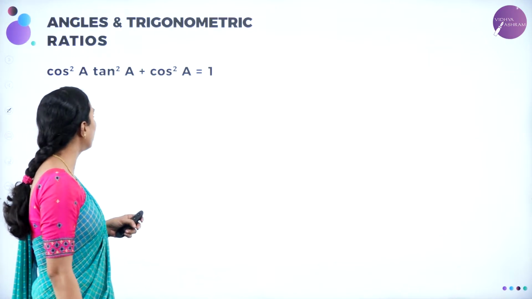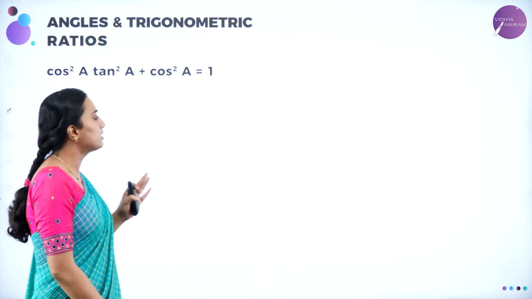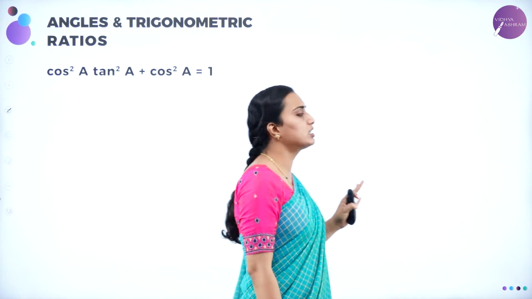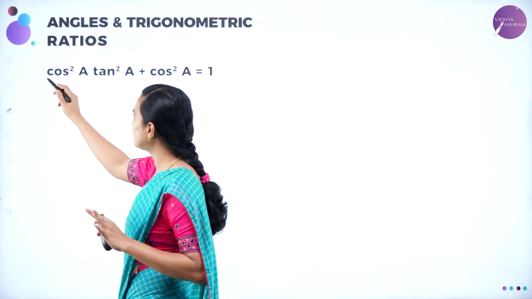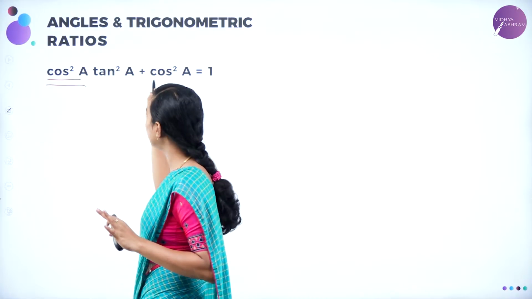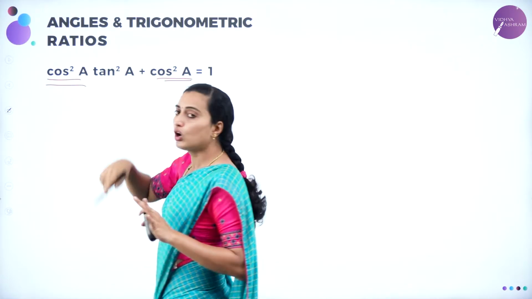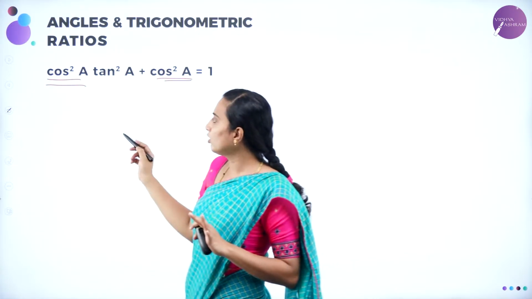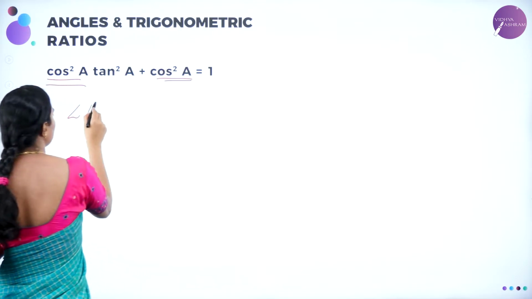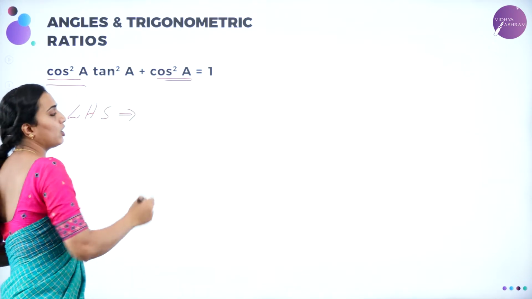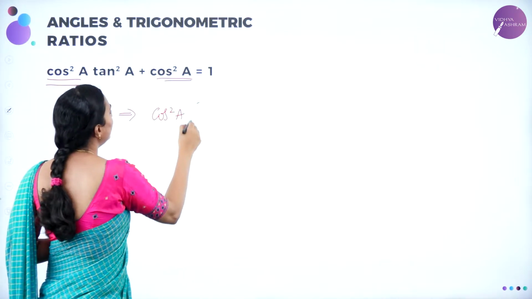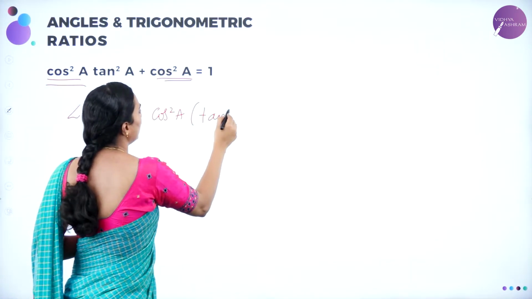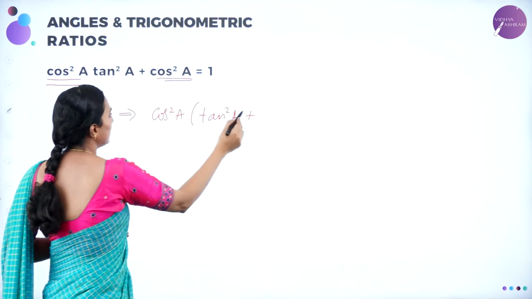What they've asked: prove that cos squared A tan squared A plus cos squared A is equal to 1. See dear students, cos squared A is there in both terms. I can take it common out of that. Taking the LHS, and taking cos squared A as common, cos squared A into, here remaining is tan squared A plus here remaining is 1.